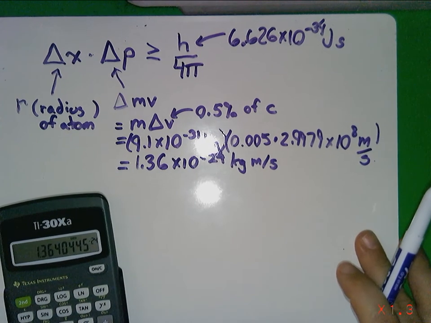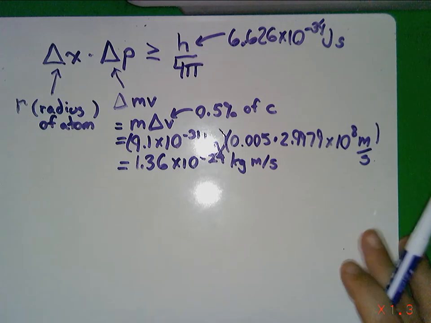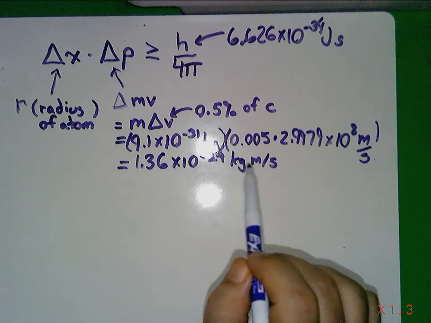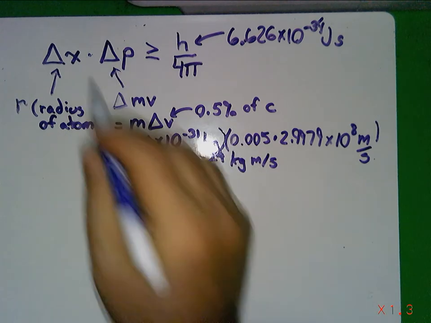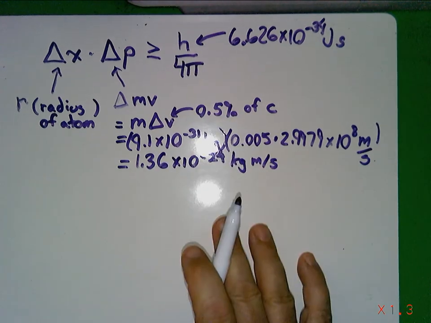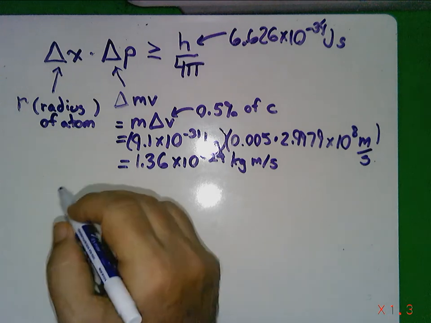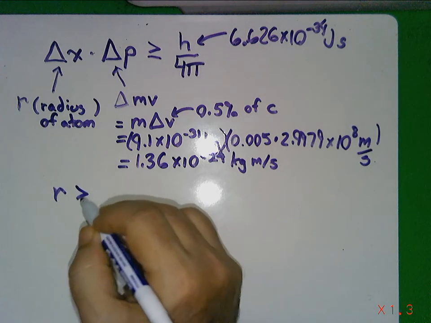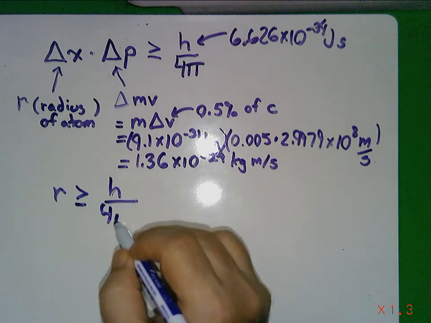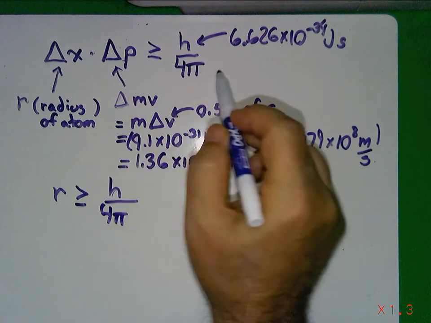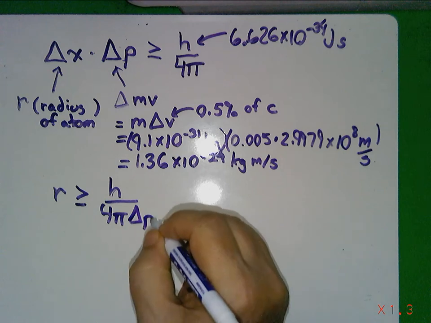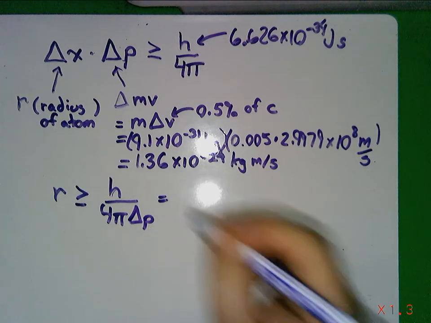All right, I want to figure out what the radius of the atom is going to be. If I put an R in instead of delta X, and I put this number in instead of delta P, I'm going to have R times this is greater than or equal to this small number here. Or I can write R is greater than or equal to h over 4 pi, and then I divide both sides of this inequality by delta P. And I can figure it out.